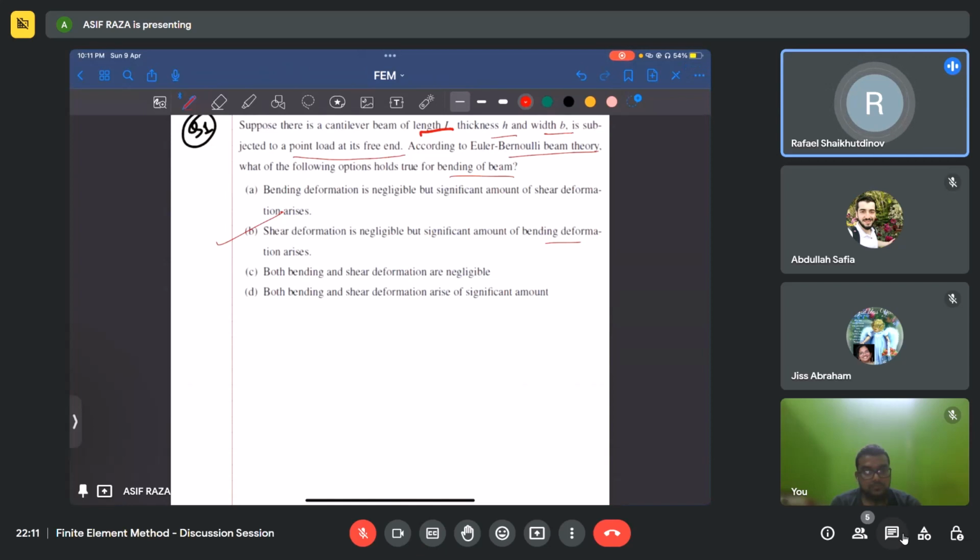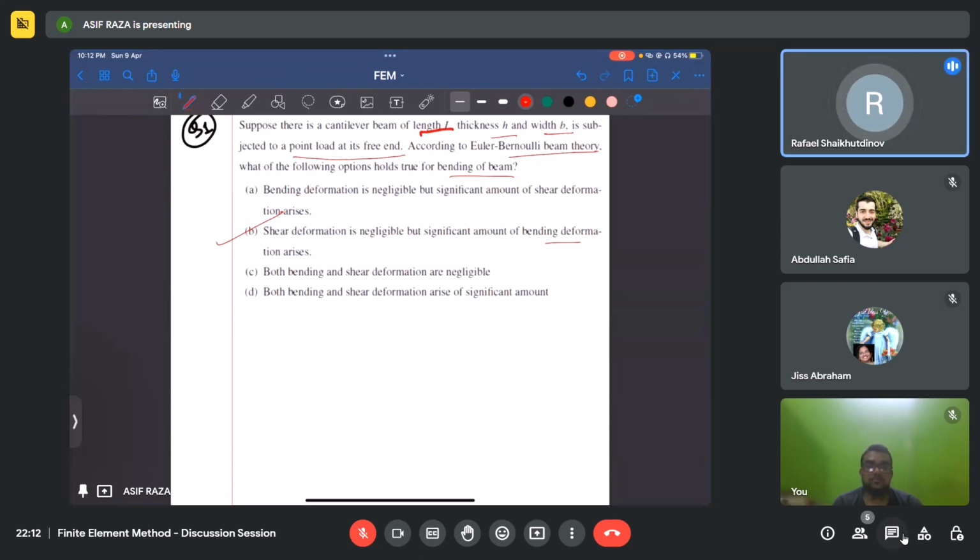I'm asking the following question. For instance, we have a cantilever beam with a point load at the end. Usually, if we talk about Euler-Bernoulli beam theory, we are talking about pure bending.